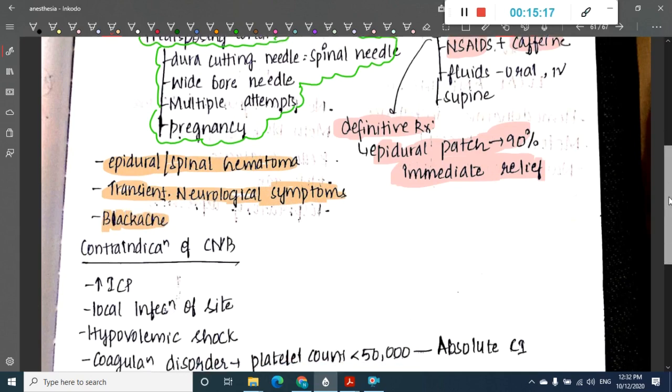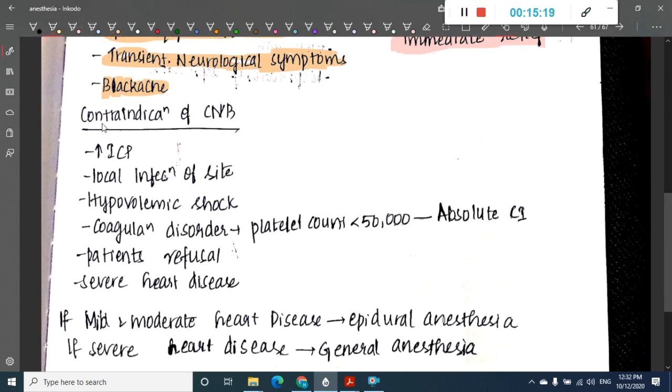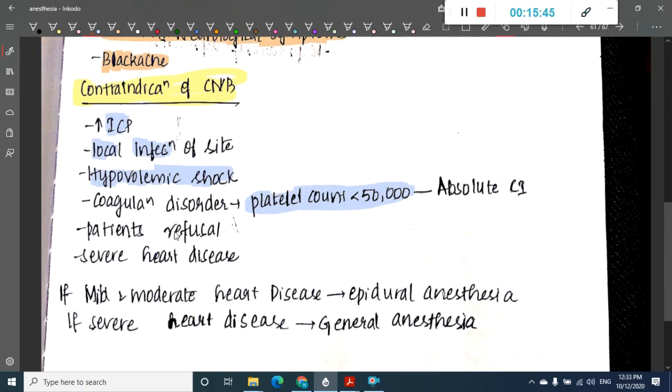Then what are the contraindications of central neuraxial blockade? The contraindications are increased intracranial pressure, local infection at the site, hypovolemic shock, bleeding disorder, especially platelet count less than 50,000, which is an absolute contraindication, patient's refusal obviously, and severe heart disease.